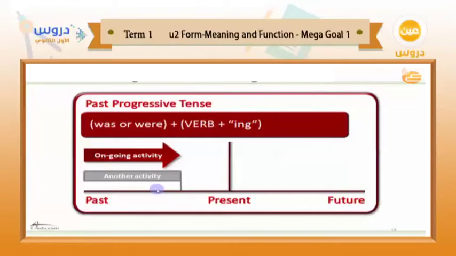So at the same time in the past, for example, yesterday at 10 o'clock, I was driving my car. This is past, and also I want to describe an action at a certain time in the past, which is the driving. All right?